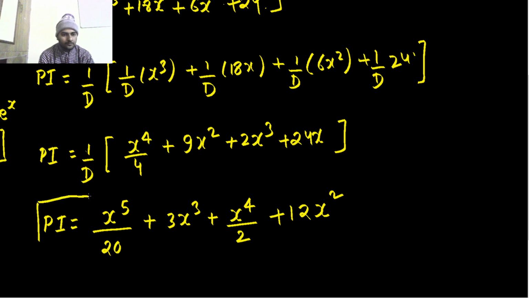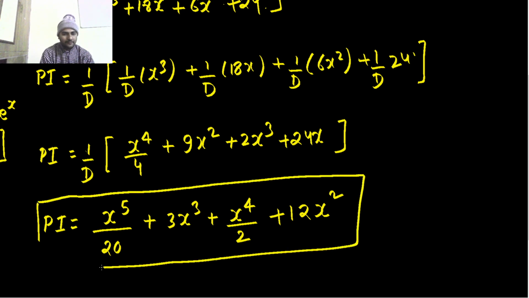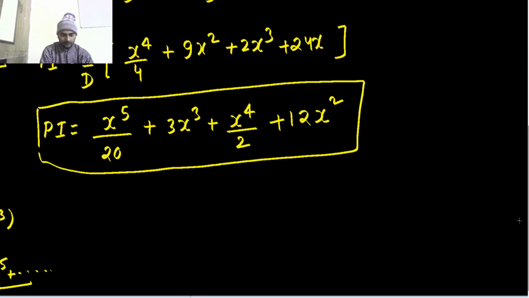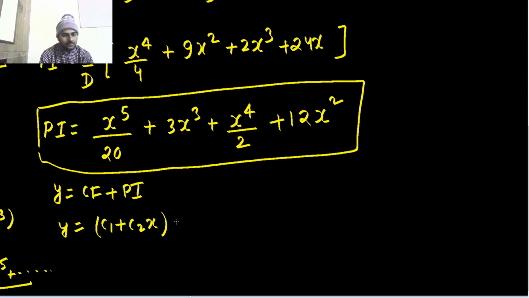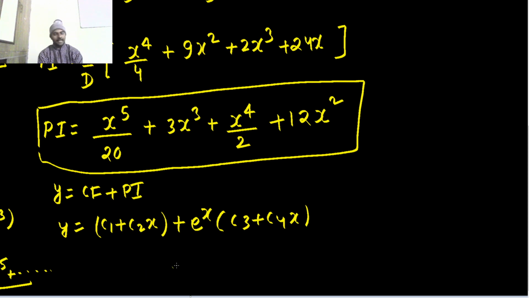Now as we have already calculated the complementary function, it is time to write the final solution. y equals CF plus PI. What was our CF? It was C1 plus C2x plus e power x times C3 plus C4x, because the first two repeated roots were 0 and the next two repeated roots were 1, and plus the PI which you have calculated now.